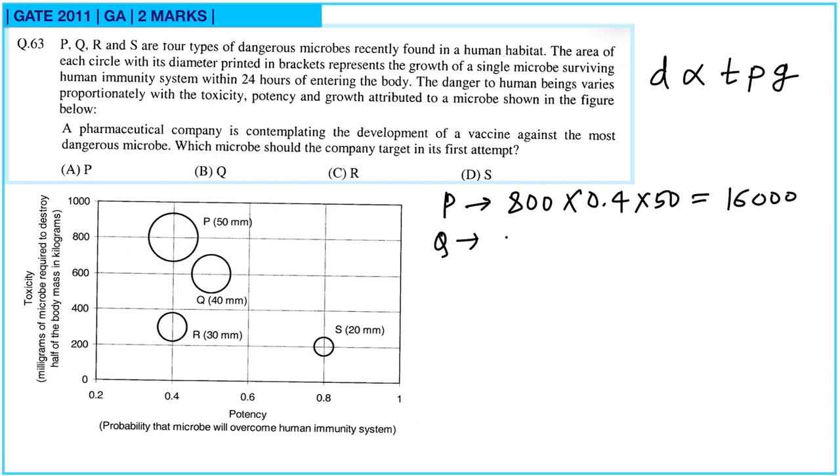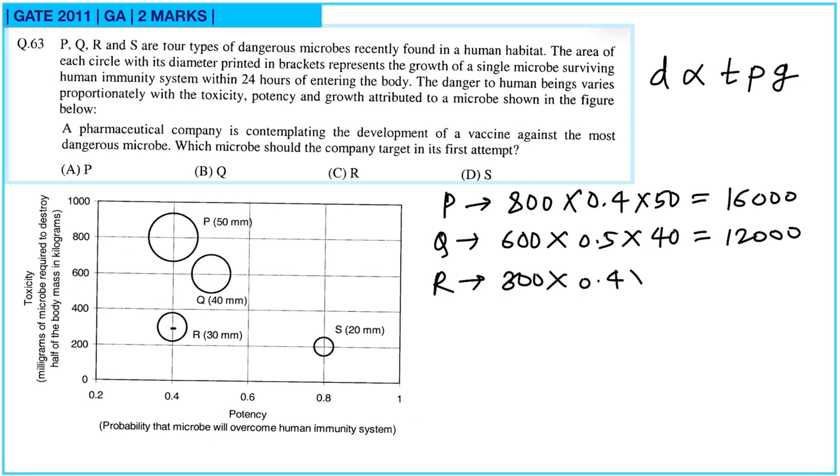For Q, we will calculate it for each option, and then whichever is largest, that will be the dangerous microbe. This is for Q. Then for R we have 300 into 0.4 into 30, and that is equal to 3600.